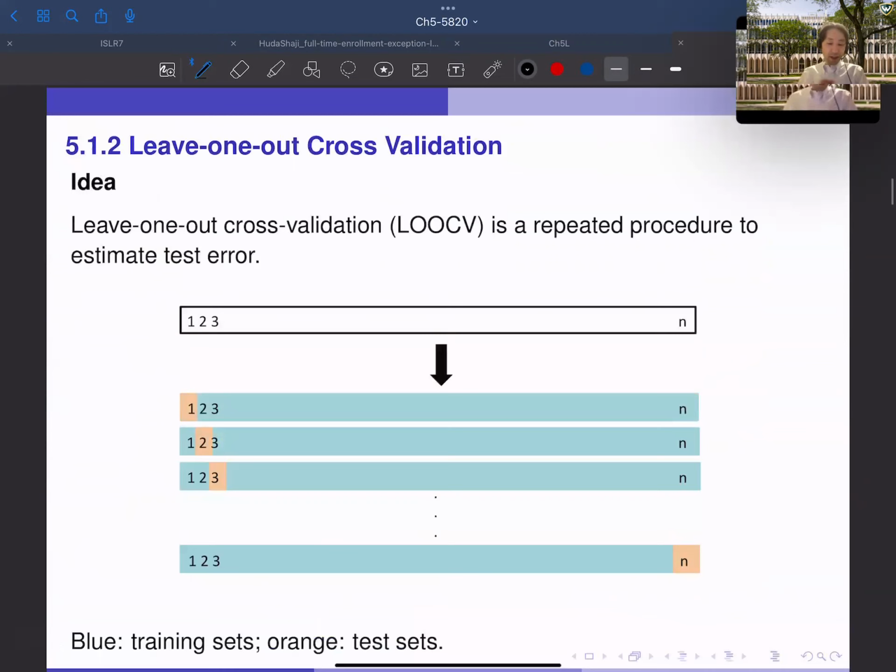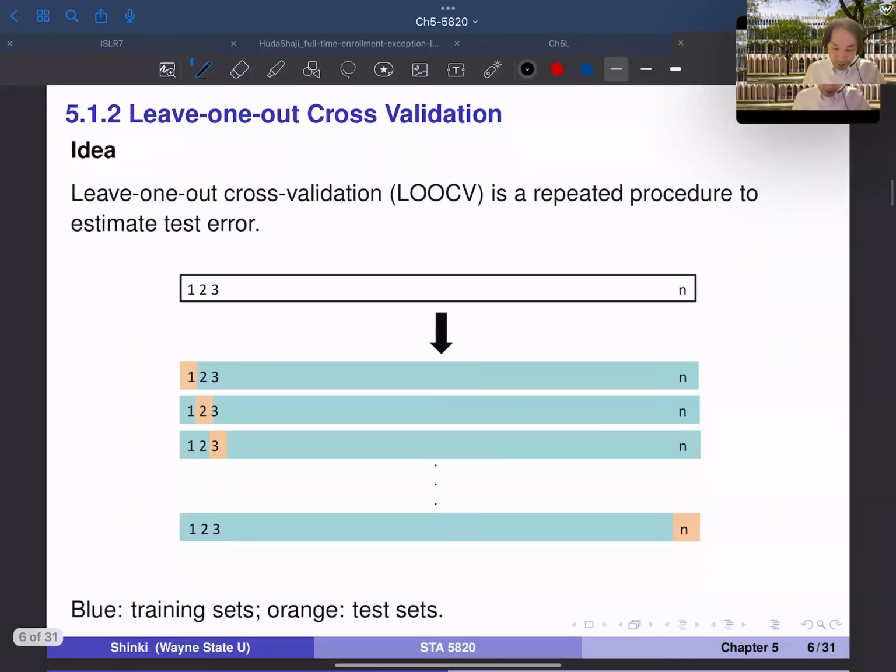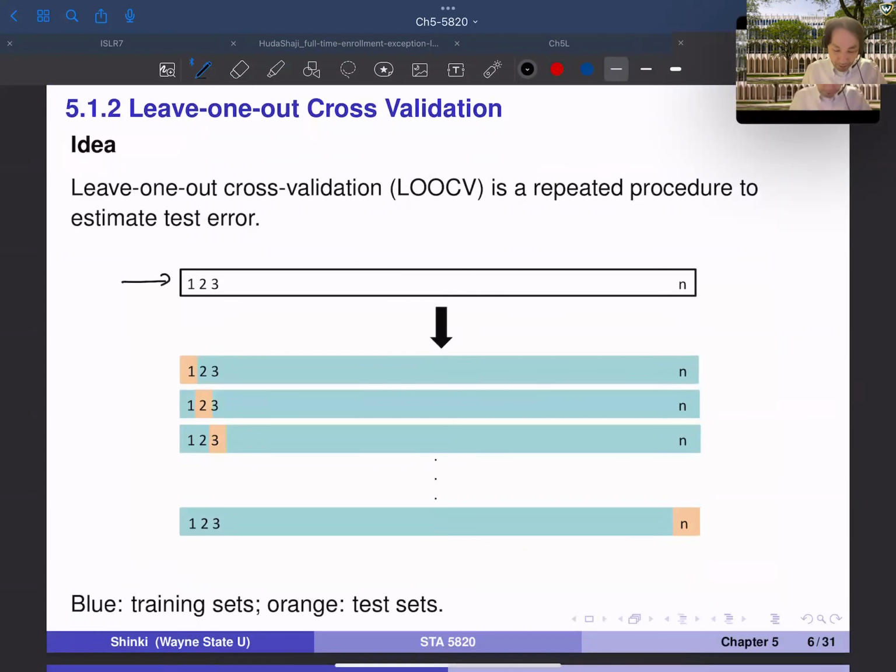So the next approach is cross-validation. This is basically the most accurate cross-validation, that is leave-one-out cross-validation. The idea is here: we have a data set, and the blue one is the training set and the orange one is the test set.